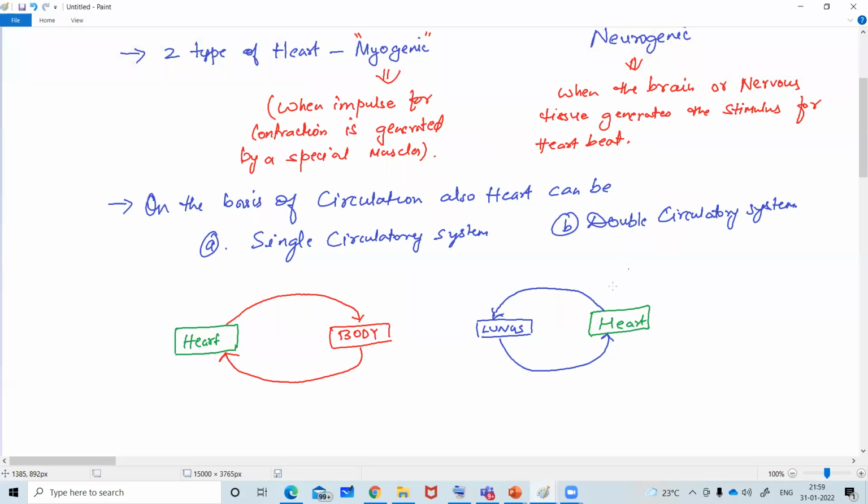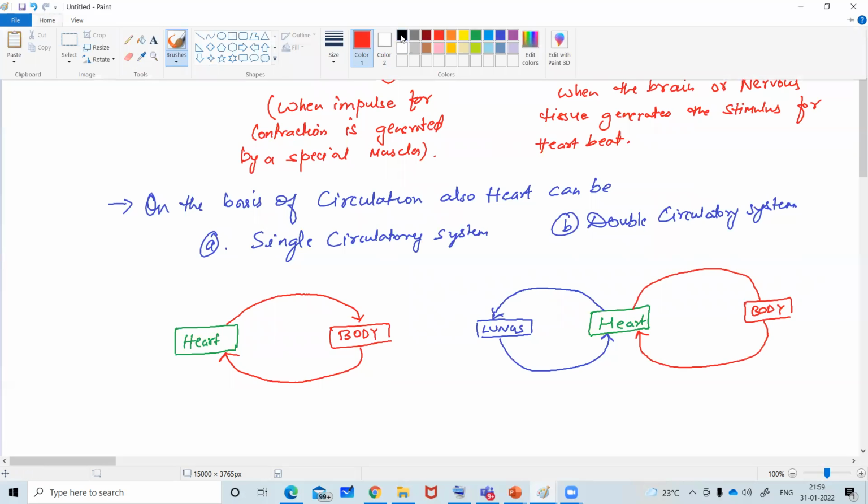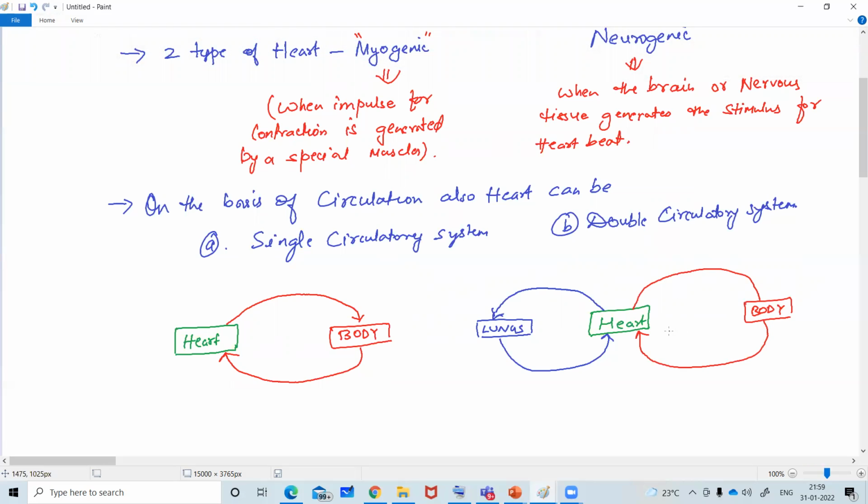In the second circulation, from the heart, blood is going out to the body, right? And then from the body, it comes back to the heart. So you can see here that blood is coming two times to the heart. That is why we call this system a double circulatory system or double circulation heart. So this is called circulation 1 and this is called circulation 2. The circulation between the heart and the lungs is called pulmonary circulation.